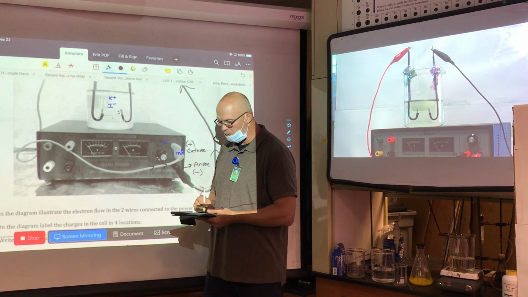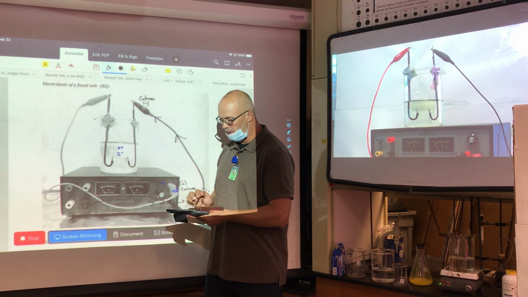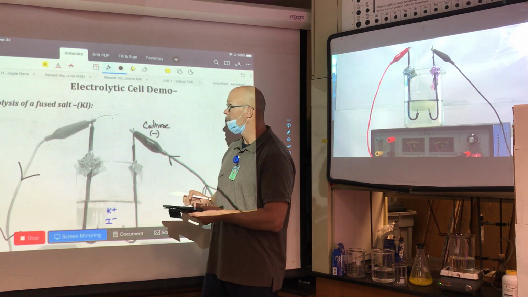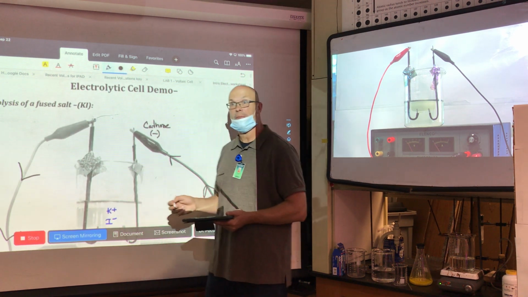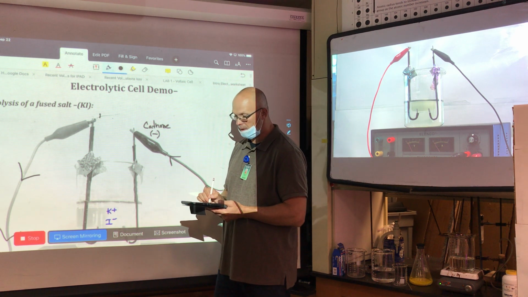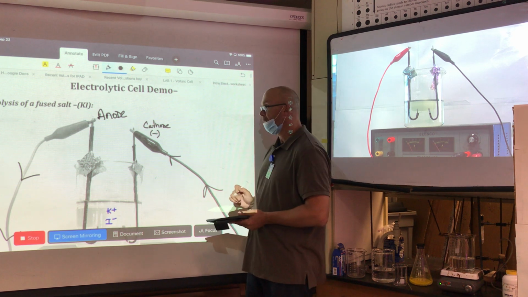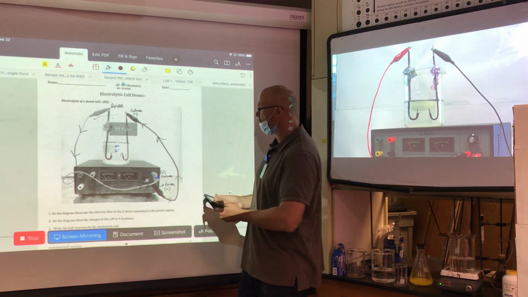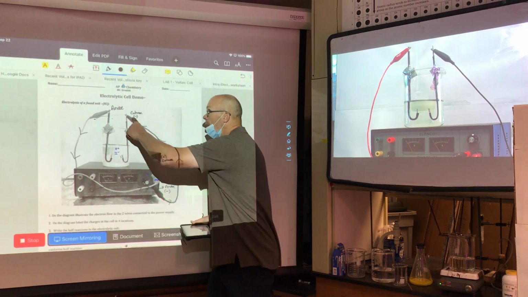So electrons are being pulled away from this electrode, which must be the what then? The anode of the electrolytic cell. Now, and of course, check it out, electrons always flow from the anode to the cathode.